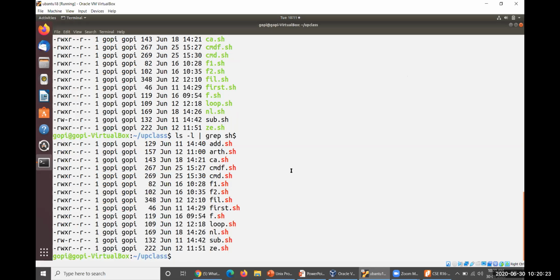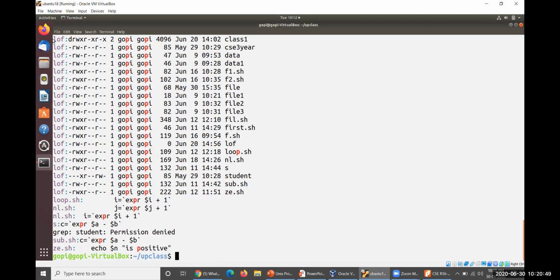Where exactly the contents of the file have p and q continuously, I'd like to display them. So grep, my data will be only pq, followed by star, whether it exists in any file or not.